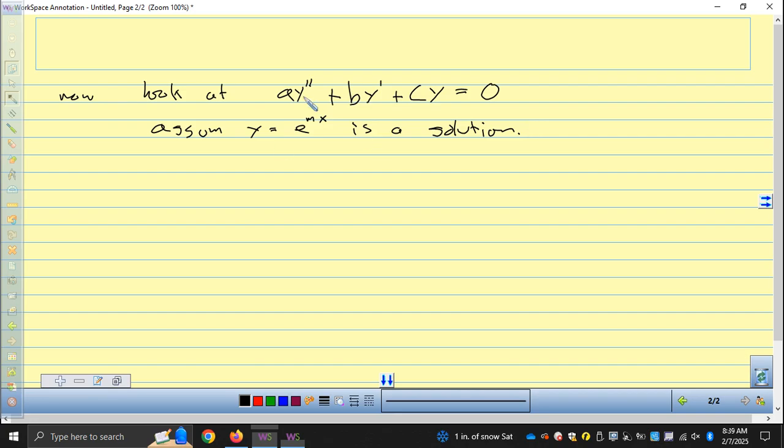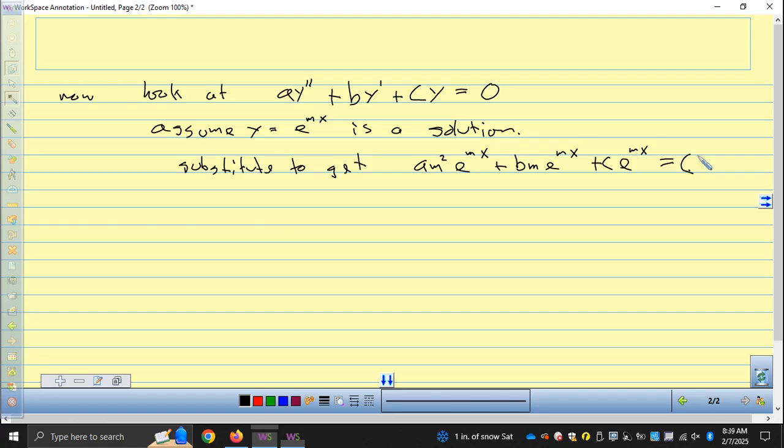Well, we take our first derivative and our second derivative, and we substitute. And we get that a m squared e to the mx, that's our second derivative, plus b m e to the mx plus c e to the mx equals 0.